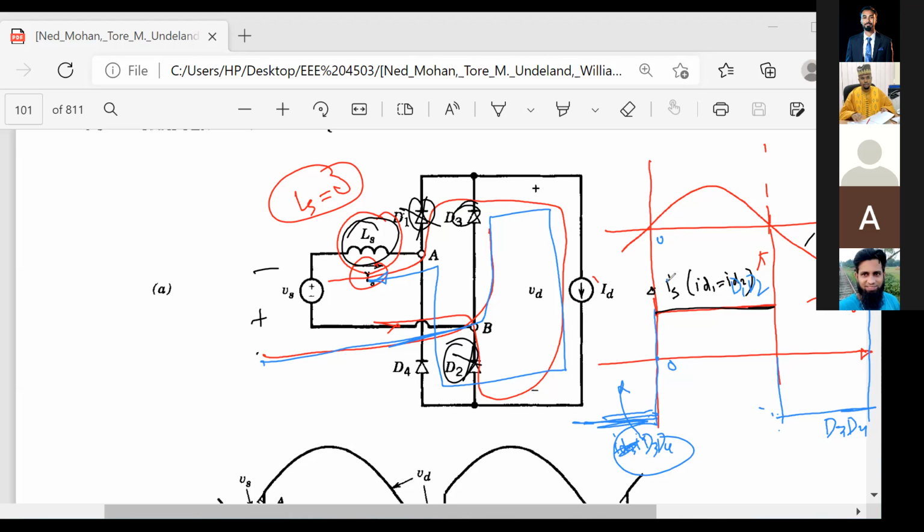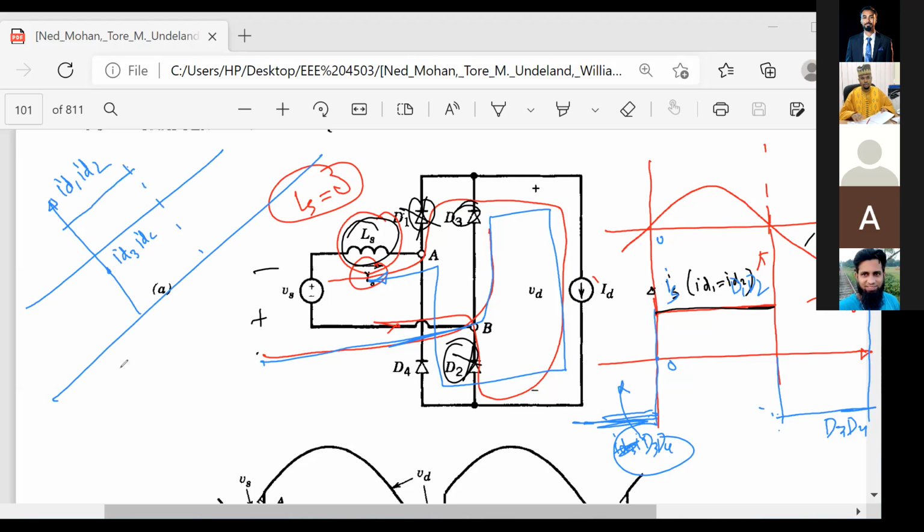Okay, let me draw here. Suppose this is your ID1 and this is your ID2, and this is your ID3 and ID4. So this is this one, and this is this one.